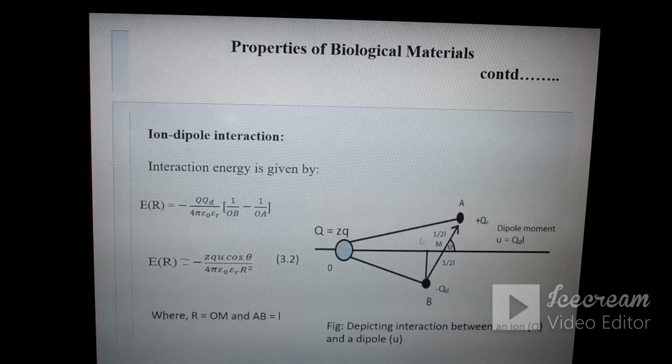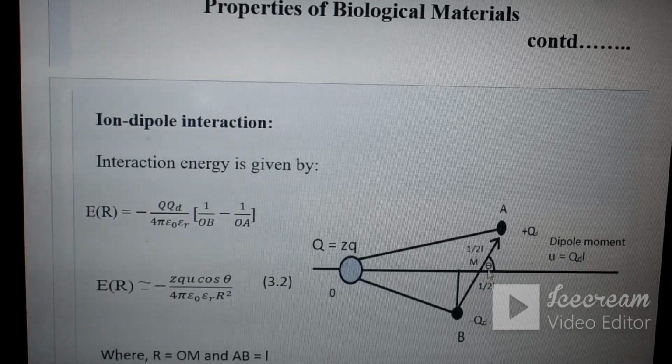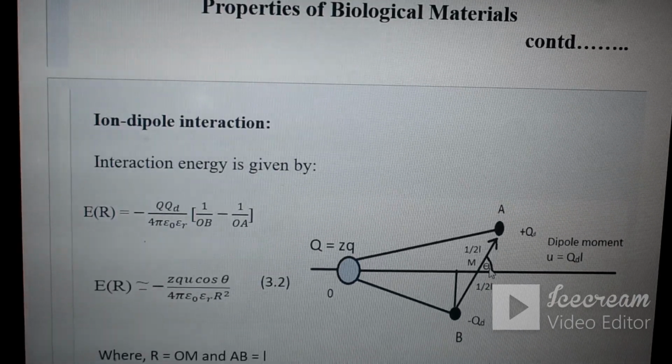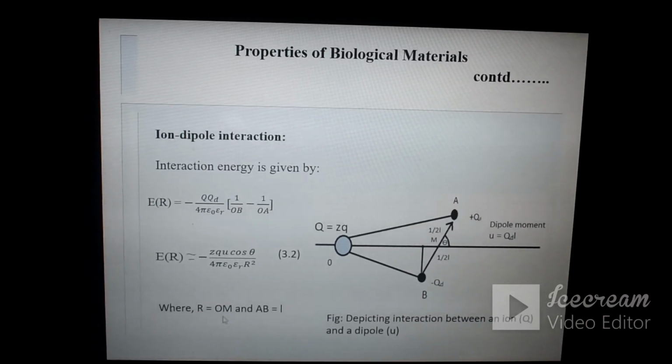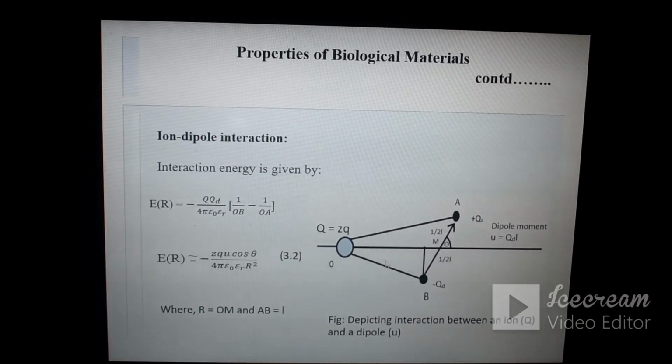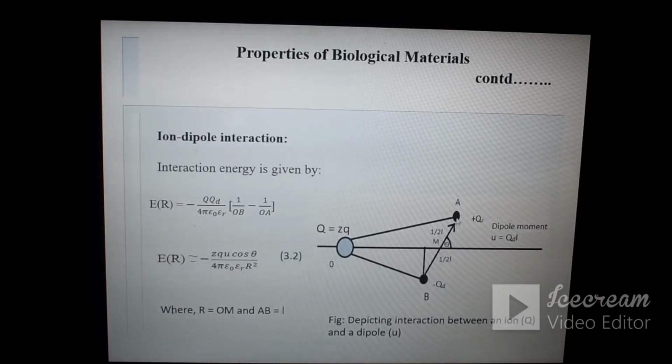Suppose this is a water dipole, and this is an ion, sodium ion. The interaction energy between this water dipole and sodium ion is given by equation 3.2, where theta is depicted as shown. R equal to OM, the segment, this one, and AB, the length of this dipole, is L.